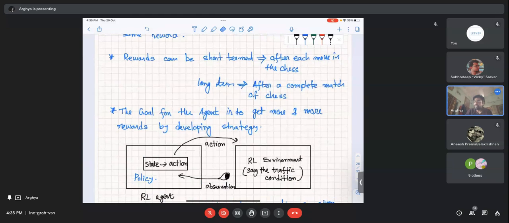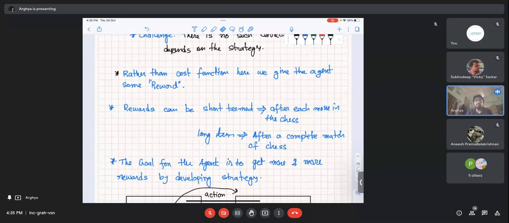But anyway, the rewards can be long term or short term in the sense that, for example, in a game like the snake game, the decision of going left or right or straight does not make you win the game. So you can give a short term reward. We'll say, okay, if you go left, it's fine, just get this point, and right is fine too, just take some point or something like that.